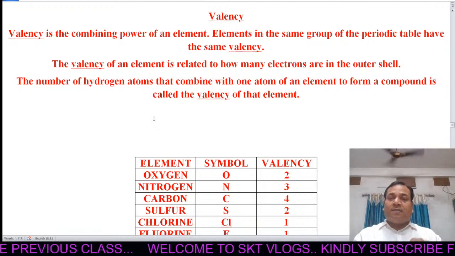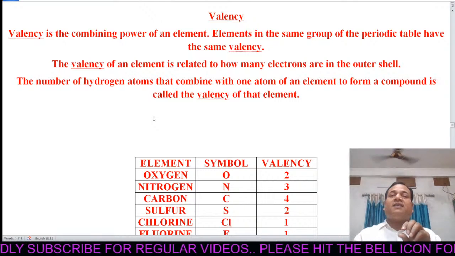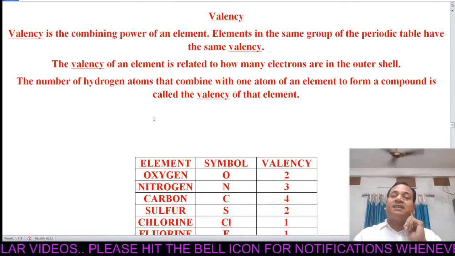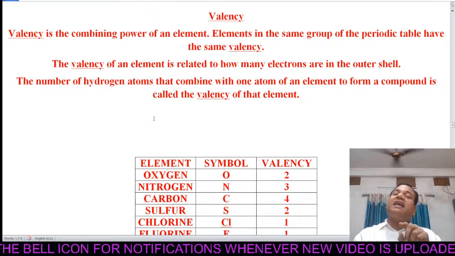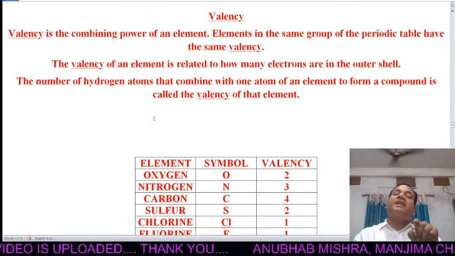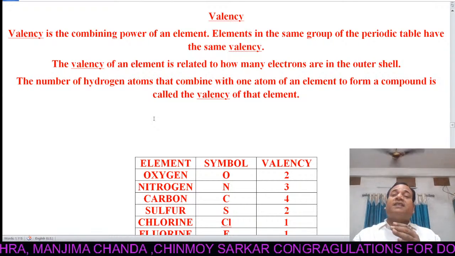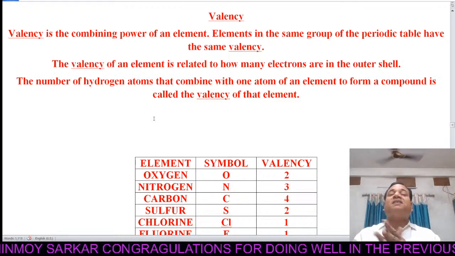If you make a diagram or configuration, after the nucleus, where neutron and proton exist, you will get K shell, L shell, M shell, N shell, and so on. In the first shell, you get 2 electrons. In the second shell, you get 8 electrons. Like that, there are a good number of shells.